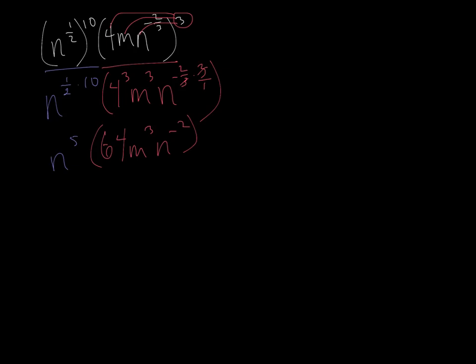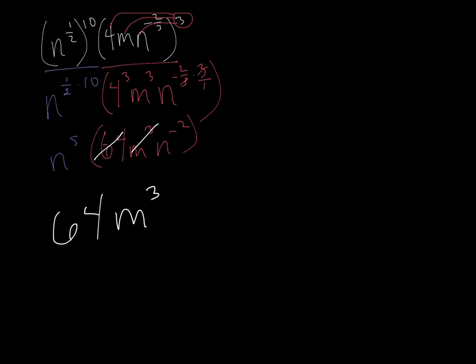Let's just make a bit more space up there. So now we have n to the 5th times 64 m cubed n to the -2. So we're going to put 64 out front, right, our number. Then m, right, because it's LMNOP. M is first in the alphabet. And then we have n to the 5th times n to the negative 2.